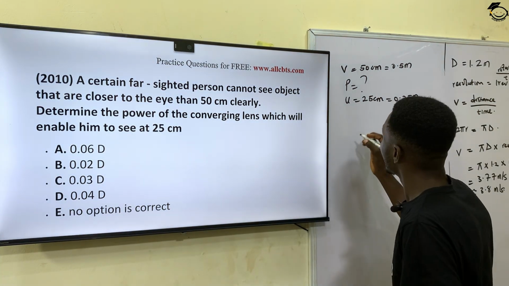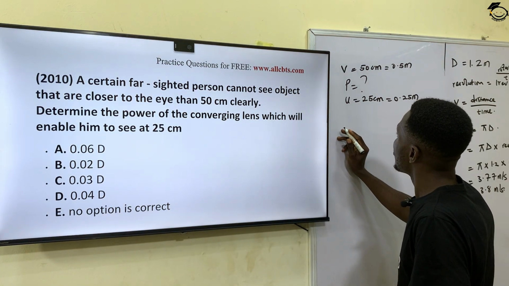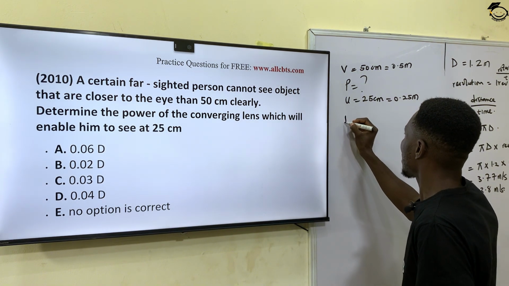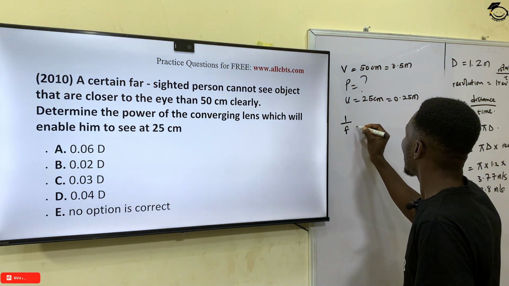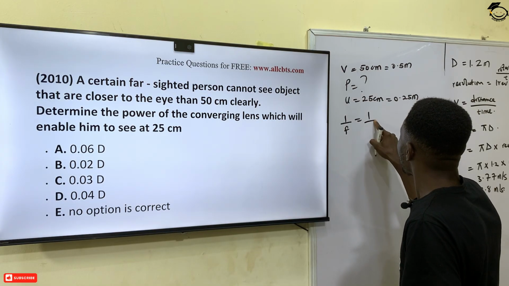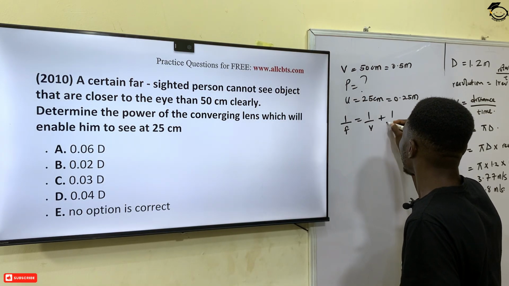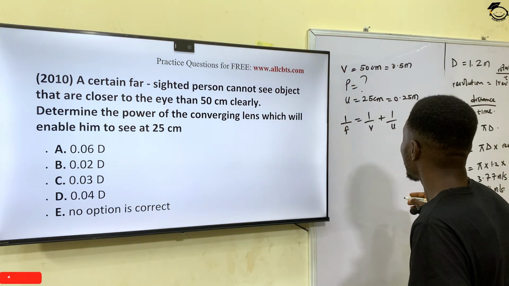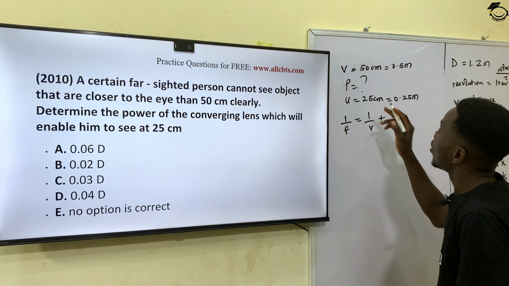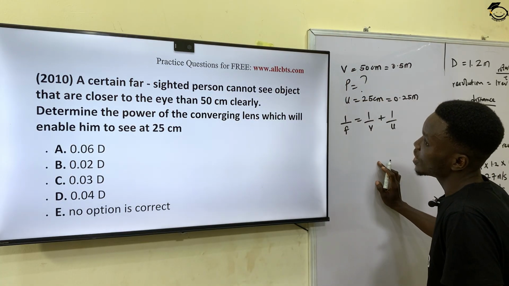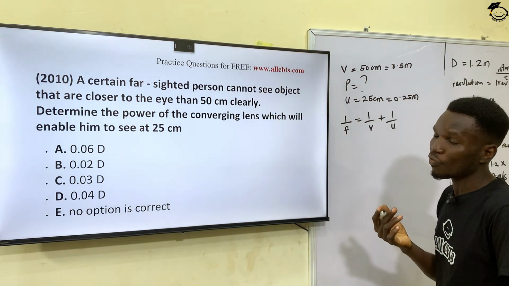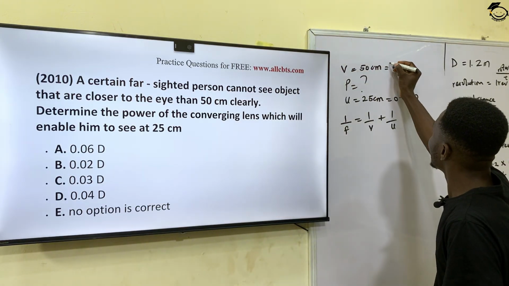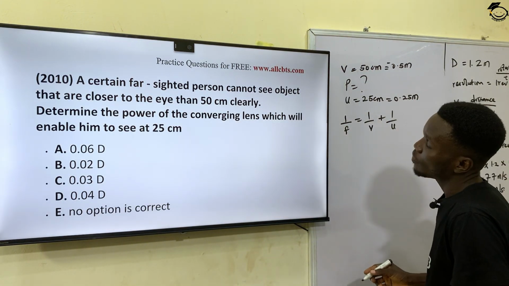So we know that our lens formula says that 1 over focal length is equal to 1 over image distance plus 1 over object distance. And here, because we are using a converging lens, it means that my image distance is going to be negative, because the image is supposed to be virtual. So this means that I'll be having minus 0.5 meters.